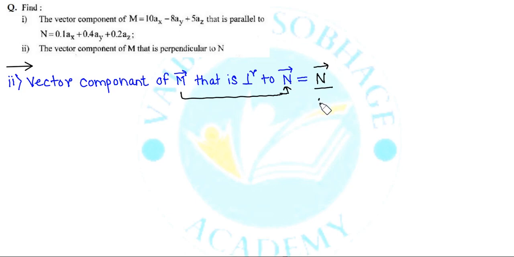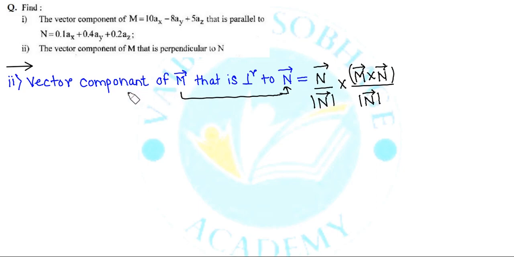So it should be the unit vector along n, which will have the cross product with the given two vectors, that is vector m and vector n, divided again by the magnitude of the second vector, that is vector n in this case.